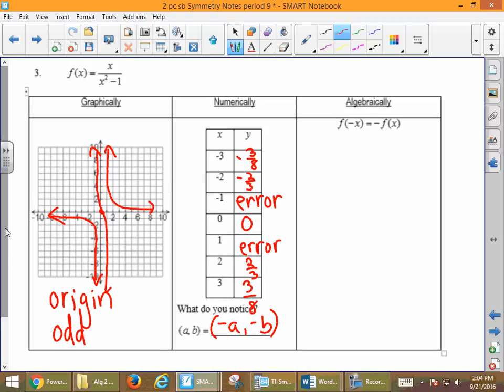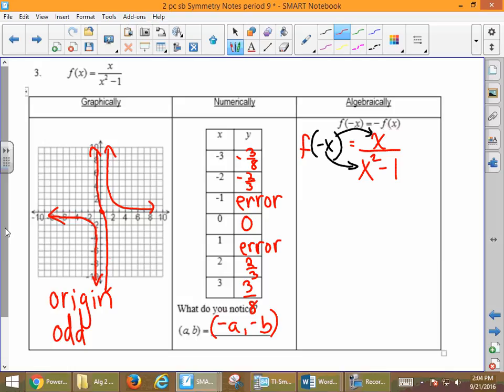So it's going to be f of -x. Once again, we're going to go back into the function that we're given, which is x divided by x squared minus 1. So we're going to take that value of -x, and we're going to put it back in for here, and we're going to put it back in for there.